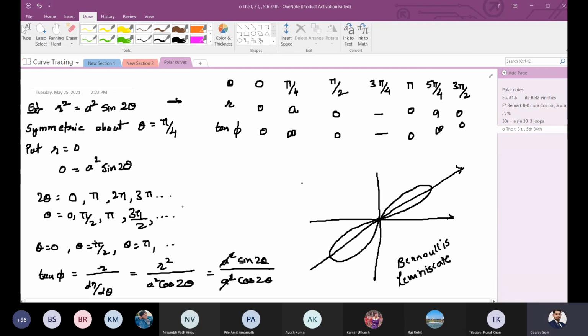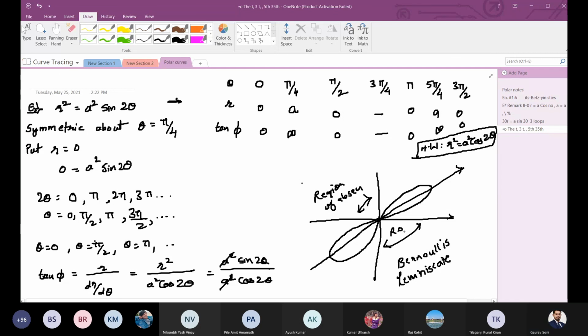There is another Bernoulli's lemniscate that I'll give you as homework. What you trace is r square is equal to a square cos 2 theta. Check what you get for this. And in this, you will have to show that the region of absence is this. Even this one is the region of absence. Now, how do we show that?